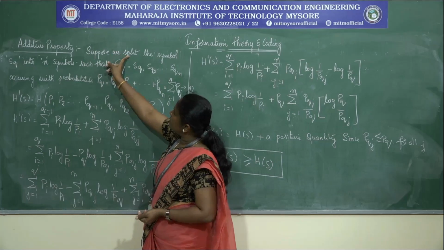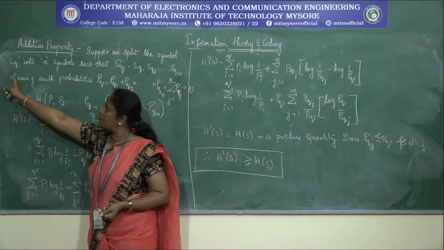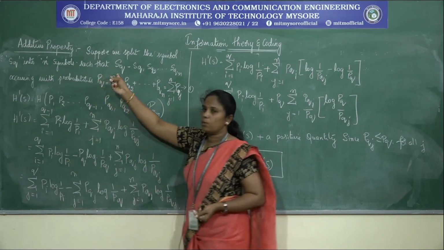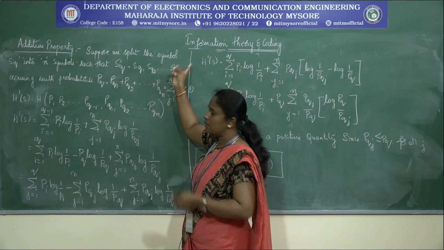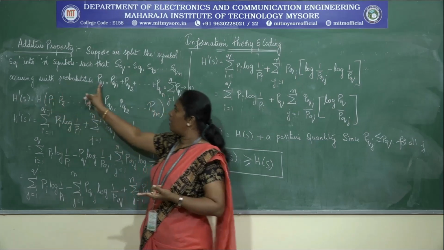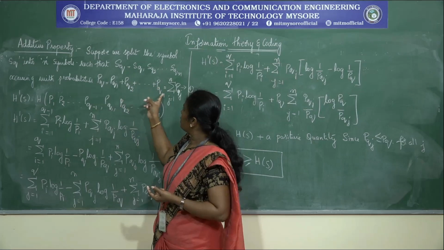Suppose we split the symbol Sq into n symbols, then Sq will be equal to Sq1, Sq2, up to Sqn. Corresponding to those symbols, the probabilities emitted are Pq1, Pq2, up to Pqn.